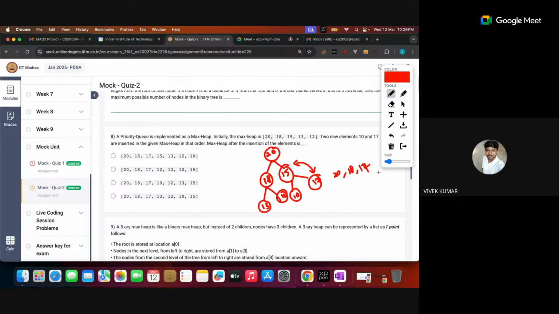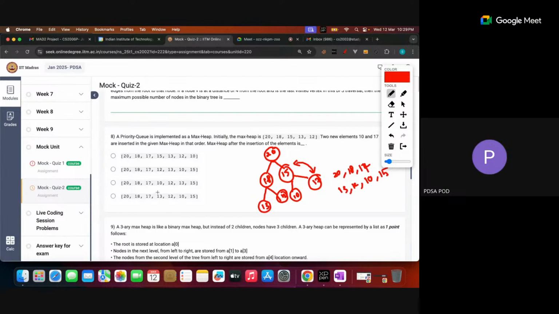It is greater than the parent node, and the parent node is 15, no? Yes. 17 you are inserting, so you have to heapify. You need to insert 17 below 15. Is it satisfying the max heap property? It's not satisfying, no. So after heapify we get 20, 18, 17, then 13, 12, then 10, then 15.